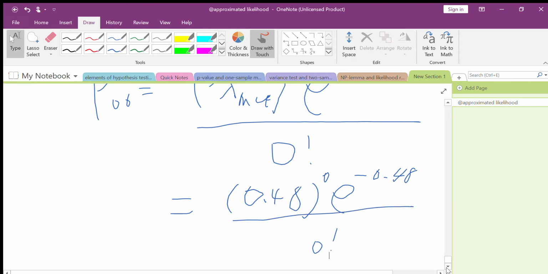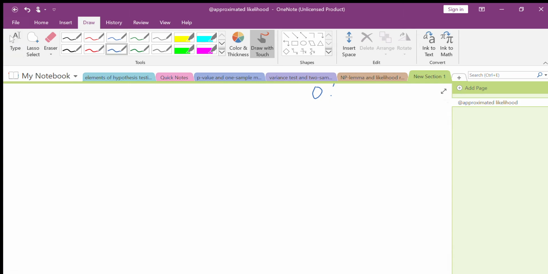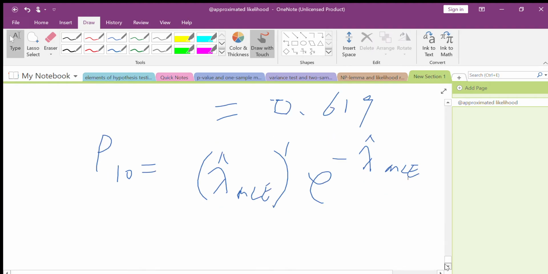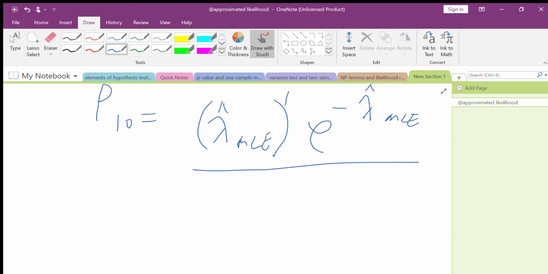So the result is 0.619, and P10 is lambda hat MLE raised to the power 1, exponential raised to the power negative lambda hat MLE, divided by 1 factorial, and you plug in the numbers, you get 0.297.